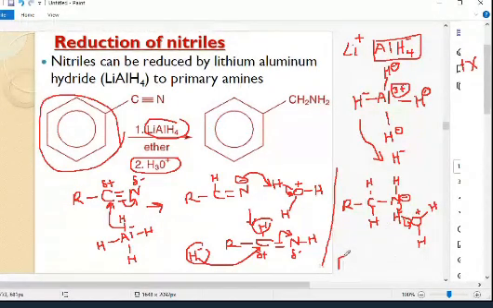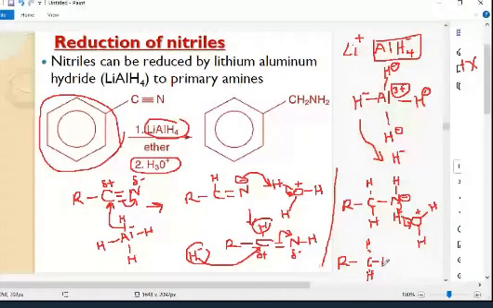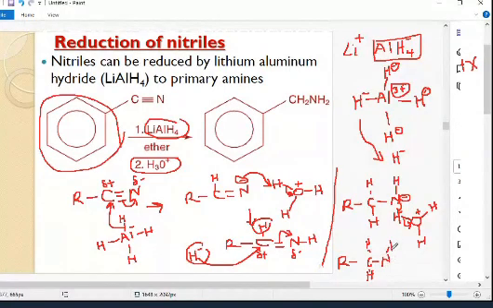So what are we going to have? We have C with the H there, H there. Then here we have the N now. The N, we have the two hydrogen. So that means you end up getting your amine.